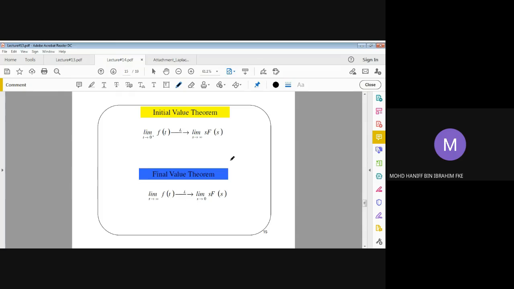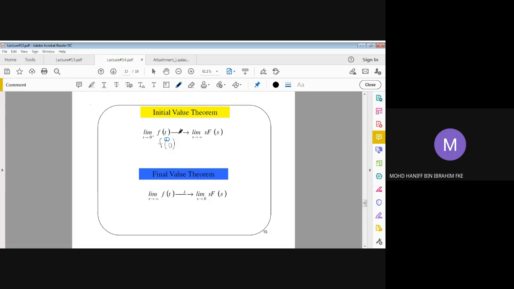It's stated here that if we have f(t) in time domain, we can see that if we put the limit of t approaching 0, this becomes f(0).